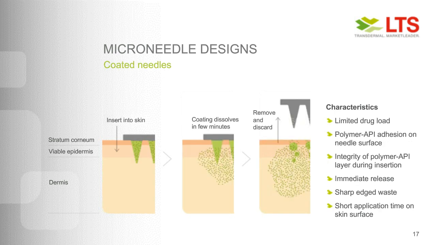Via coated needles. So what's happening here is, think of the same needle that you saw in the previous slide. Take then, let's say, a polymer solution, and then you dip your microneedle into this solution, and the solution actually adheres to the surface of the needle itself.